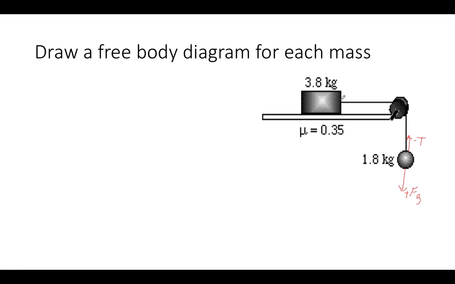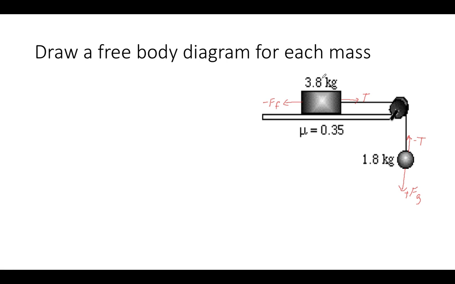And then over here, you're going to have a tension force pulling on the block in this direction, and that's positive tension. And then you will have a frictional force pulling back in this direction, force of friction. And we're just going to put a negative sign here because it's opposite the direction of motion.